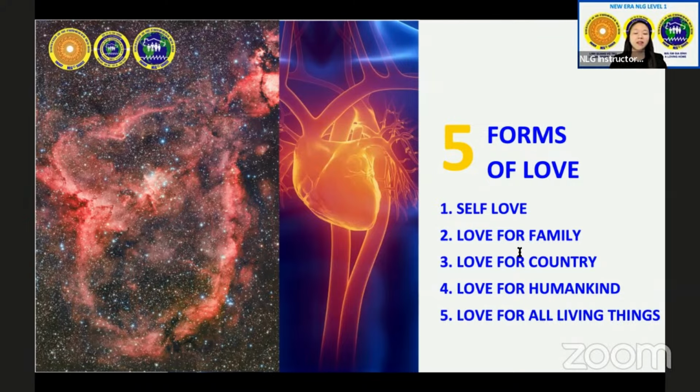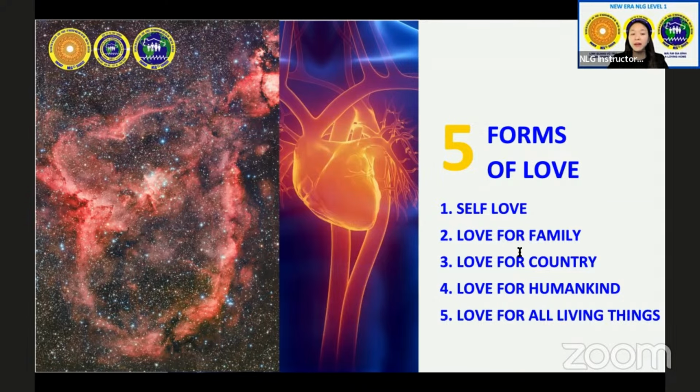So that is a part of self-love, okay, that we try to emphasize. It's not about keeping everything for yourself. It's about keeping your own energy frequency, because that's the thing that you can control. Okay, and when you're able to control that, then everything else would come.